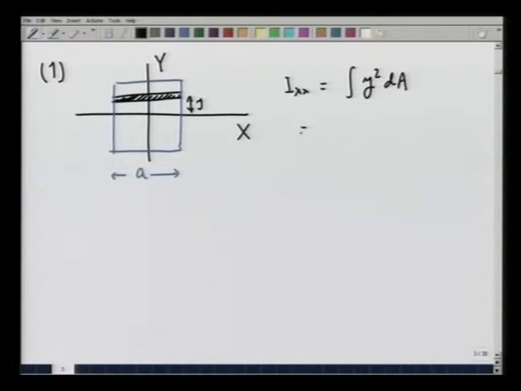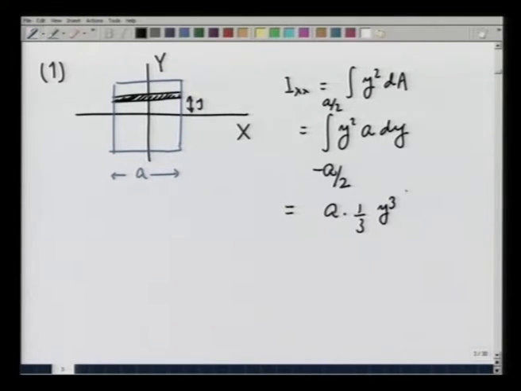So, this becomes integral y square a dy, and y changes from minus a by 2 to a by 2, and therefore, I x x is going to be a times 1/3 y cubed from minus a by 2 to a by 2, or this comes out to be a raised to 4 over 12.